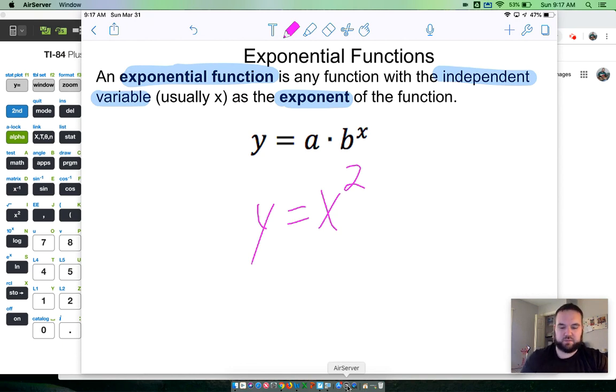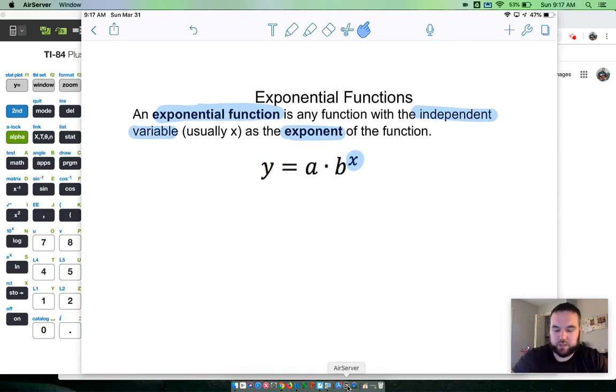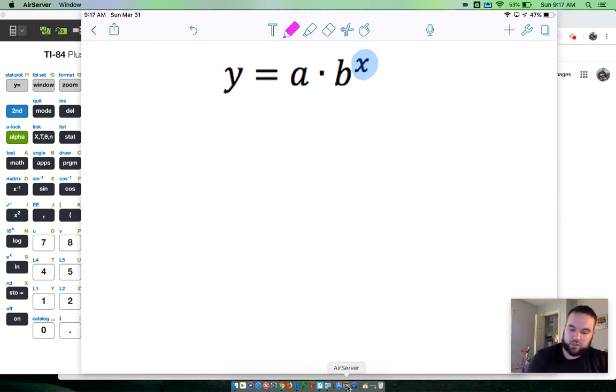So that's not exponential. In order to be exponential, the variable needs to be in the exponent. Now, you might say, well, these are all variables. It's a, b, and x.